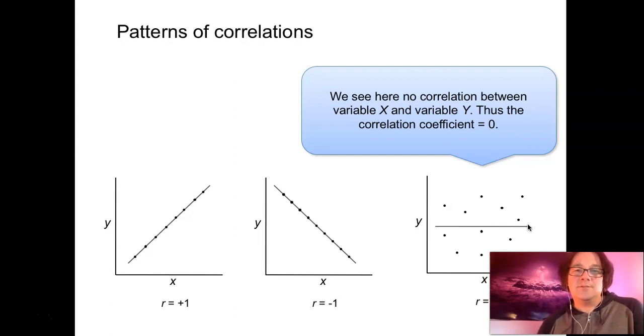All 3 of these patterns are actually pretty rare to see in real data. Why? Because perfect correlations don't really exist. We already discussed issues that come with measurements, right?